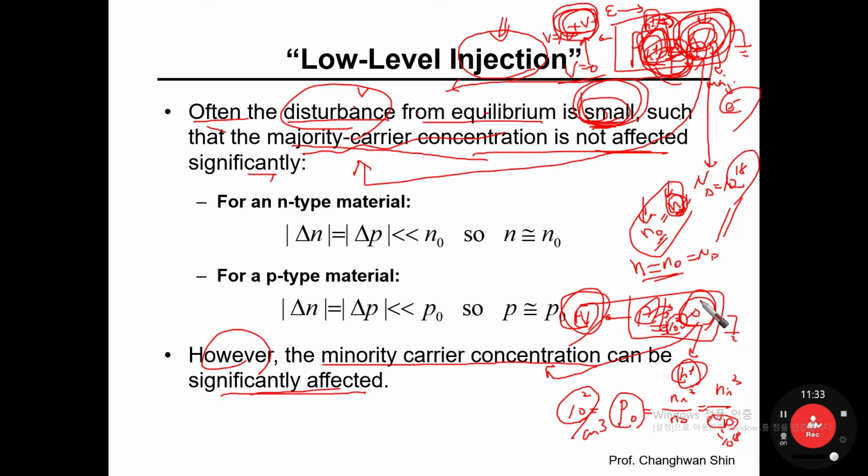So from the perspective of minority carrier concentration, this N side material's minority carrier concentration can be significantly affected. So P and P naught are not equal anymore. In other words, P should be much higher than P naught, because many holes are injected into the N side.